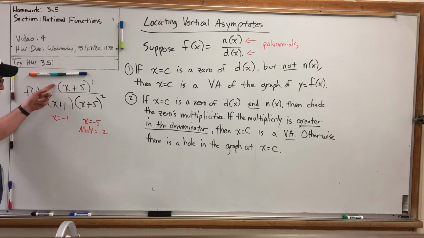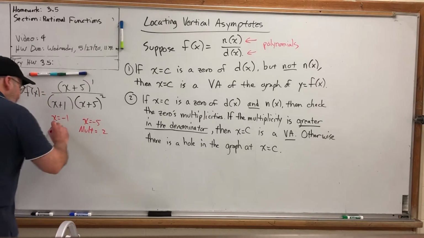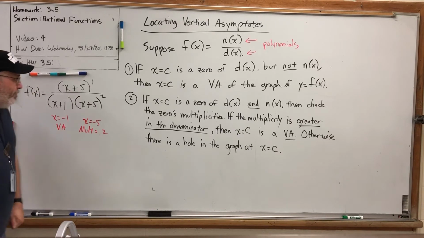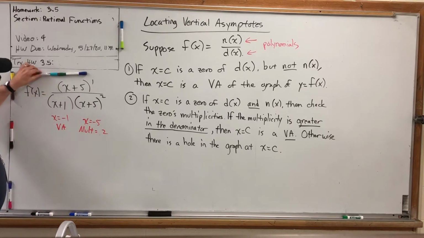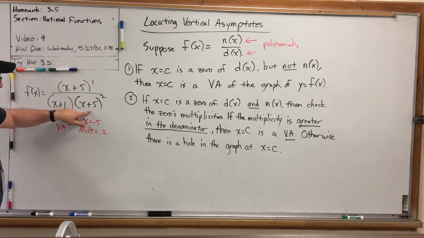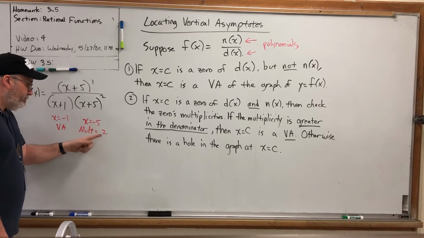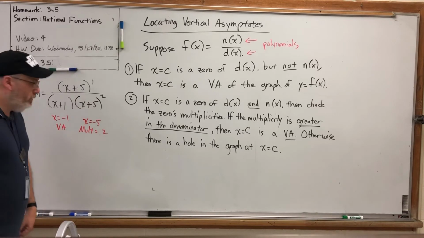Does this make the top equal to 0? No. So I don't care about its multiplicity. This is a vertical asymptote. It makes the bottom equal to 0, but not the top. But now look at the other factor in the denominator, x plus 5. Its 0 is negative 5. Its multiplicity is 2.